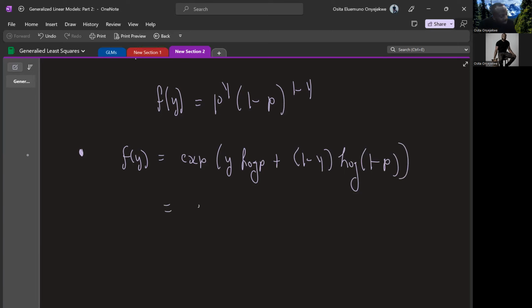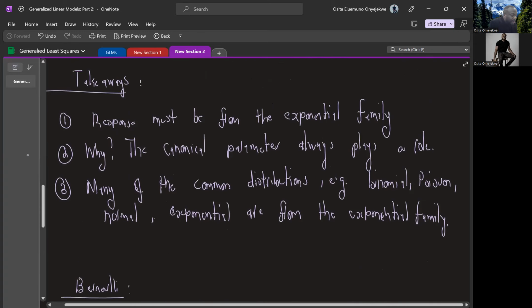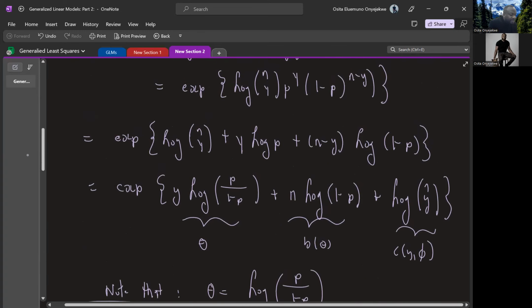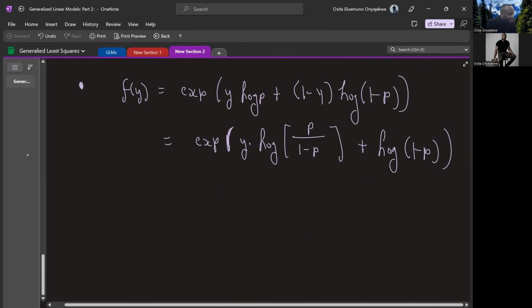And this is going to equal the exponential of y log of p over 1 minus p plus log of 1 minus p. As you can see, this looks very, very similar to our binomial.